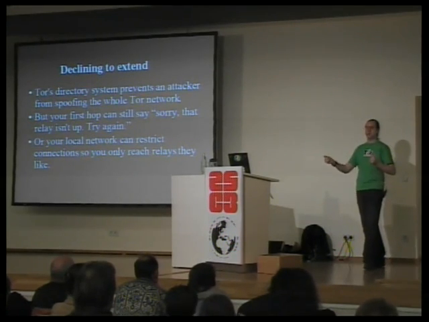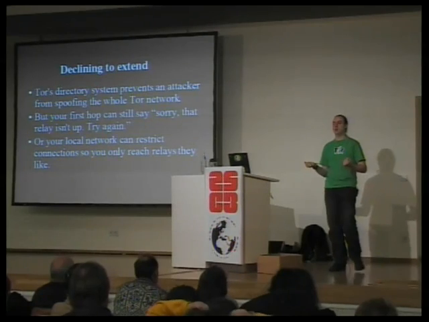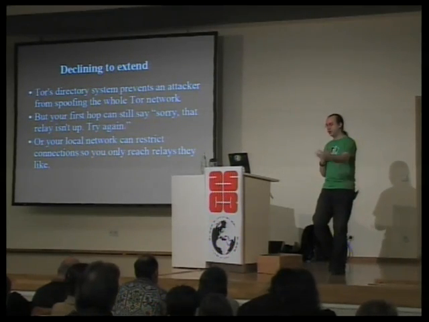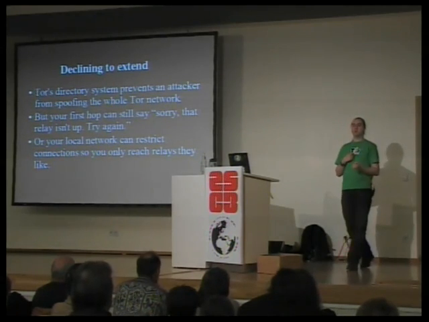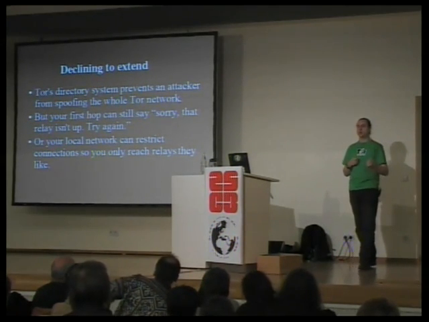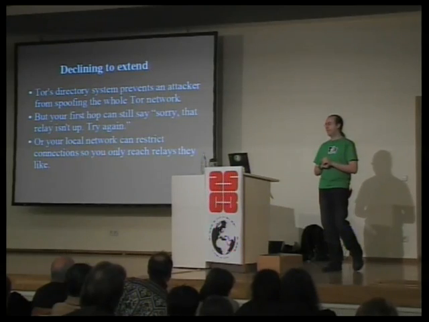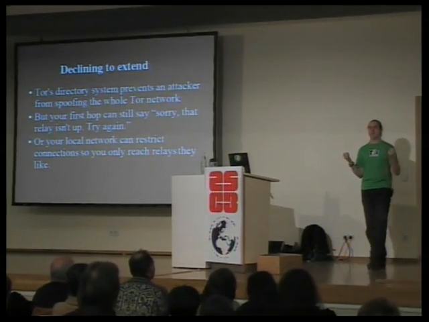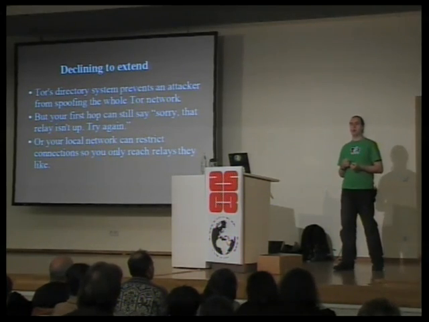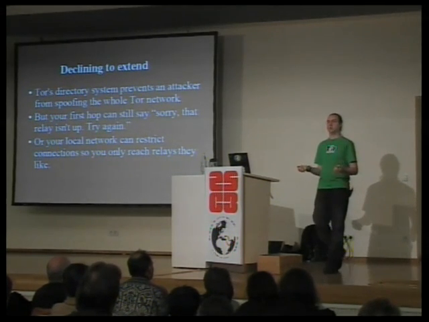So the attacker, and this works on the local network also, the local network can say, that node you can't reach, that node you can't reach, that node you can reach, oh yeah, you can reach that one. So this means that a local attacker can decide which relays you get to use. And how do we detect this? How do we automatically realize that the attack is going on? Because there are a lot of other options.